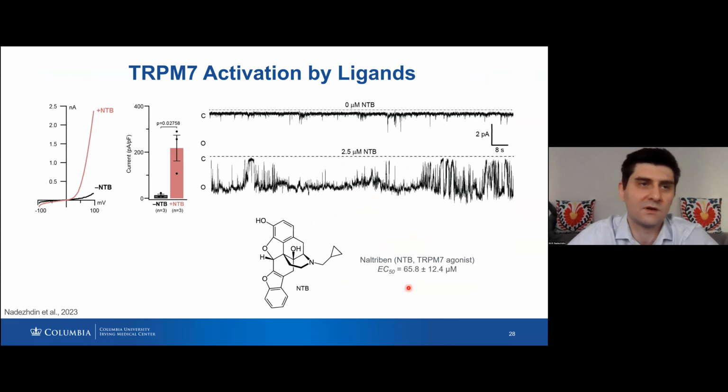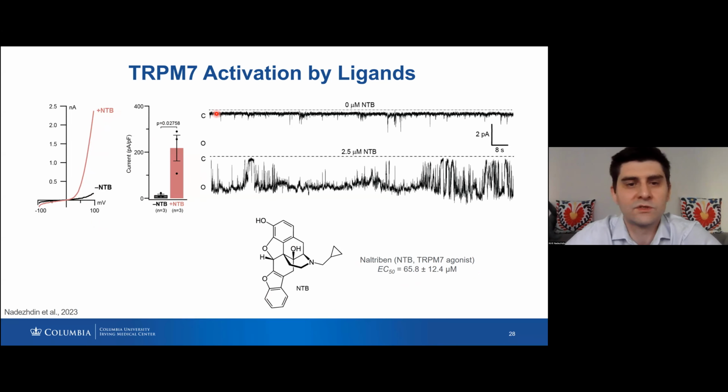Luckily, we have a list of them, and this is one of the most used agonists for TRPM7 to study TRPM7. And again, colleagues from Munich showed in patch clamp recordings that indeed, when you add the naltriben agonist, there's way higher current through the channel.